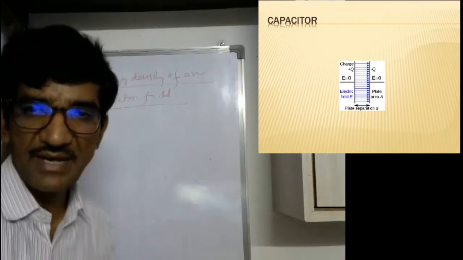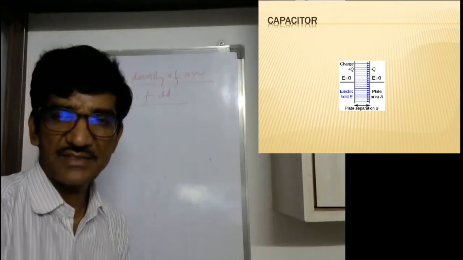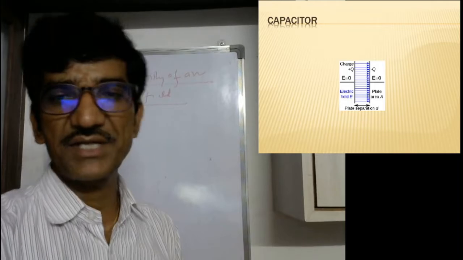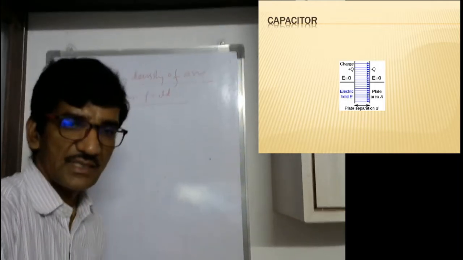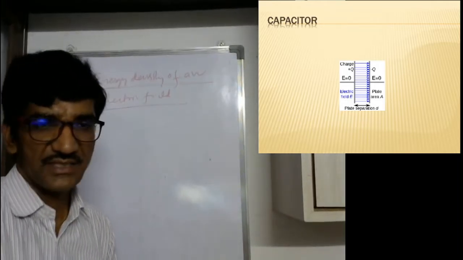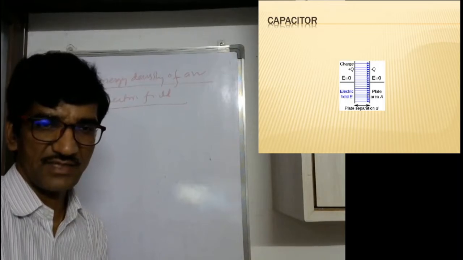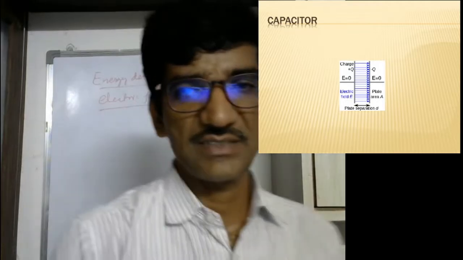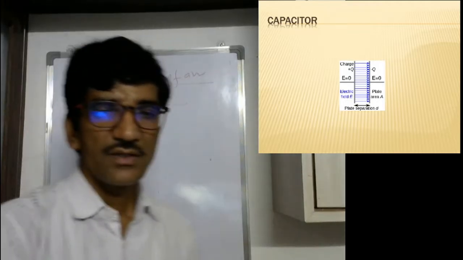You can see this on the slide. One plate is a positive plate, the other plate is a negative plate. We applied Gauss law in this case, of course, not particularly a capacitor, but two parallel plates. That is nothing but a parallel plate capacitor. Where do you find the electric field here?